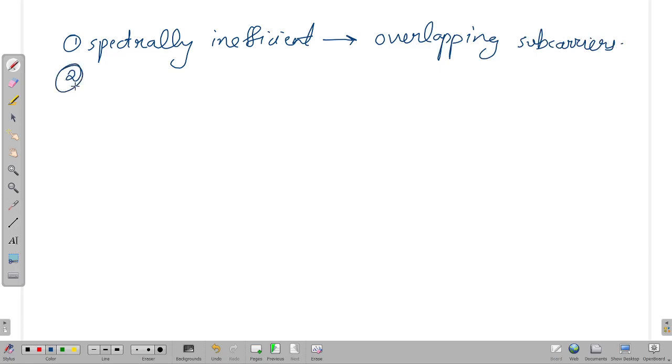The other disadvantage which we identified was the need for N number of modulators.